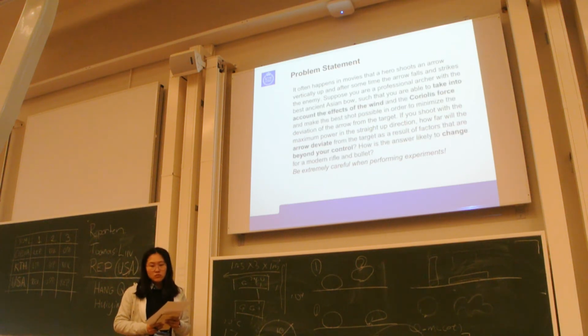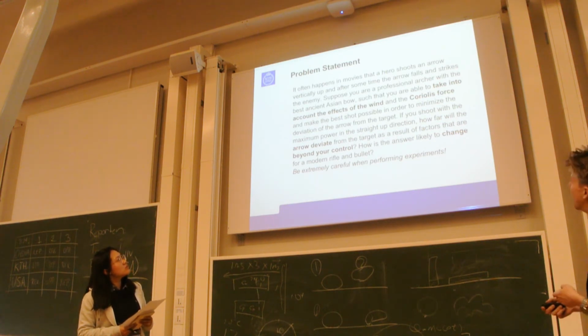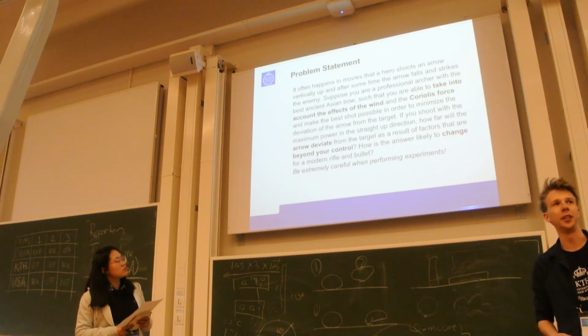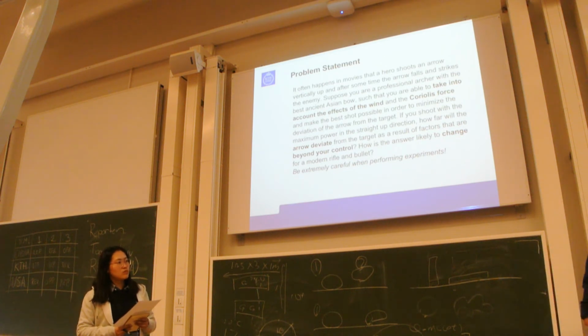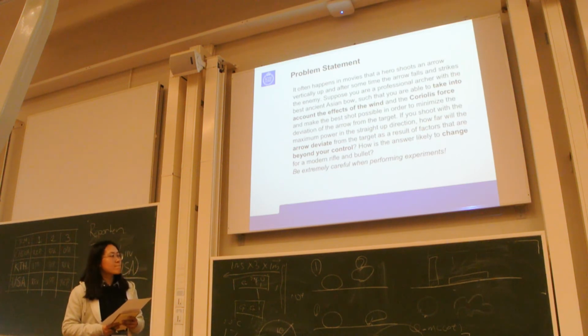The problem statement clearly says that we are professional archers who are able to take into account the effect of wind speed and the Coriolis effect and so on. So the problem statement tells us to disregard these parameters in the solution as an influence to the deviation of the arrow.